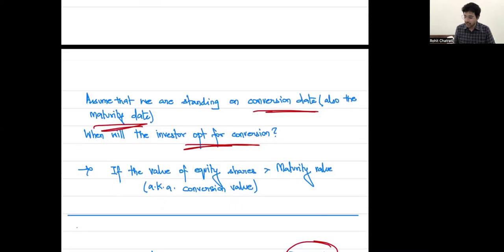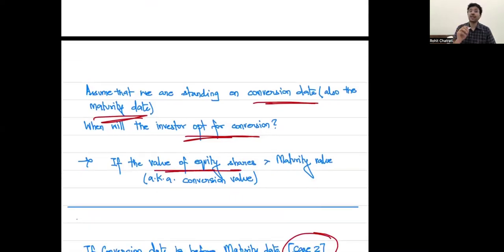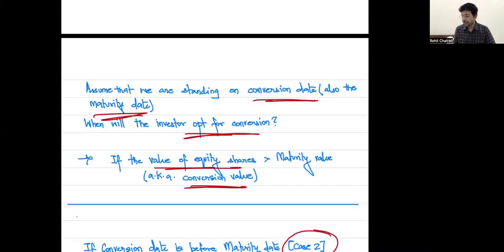Now the value of equity shares, which is 20 multiplied by x, is referred to as conversion value. 20 multiplied by the current market price is referred to as conversion value. Therefore, if the conversion value is greater than the redemption value or maturity value, I will opt for conversion.